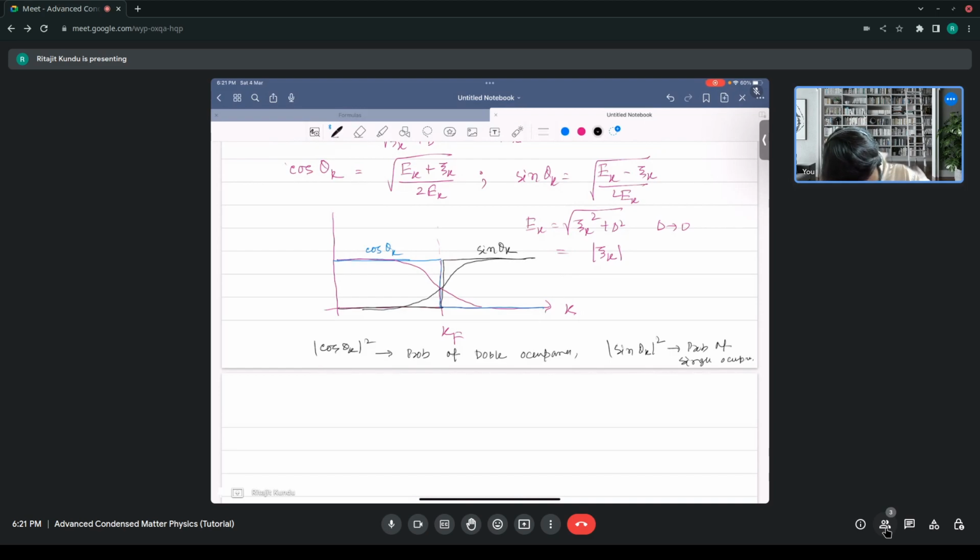Okay, so these two things are for a superconductor. So this is one clear distinction between a normal metal and a superconductor, and we have just checked that even if we have a superconductor and we go back to the normal metal limit, we can make sense of the result. So then we get the Fermi sea, something like that. Okay, so this is one of the points.